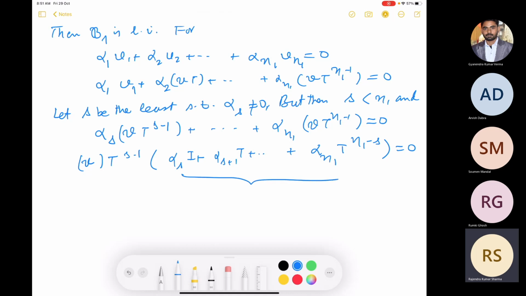So this is invertible as a linear transformation, and this will force that v t^(s-1) is 0. Now s minus 1 definitely is less than n1 minus 1. This is a contradiction.